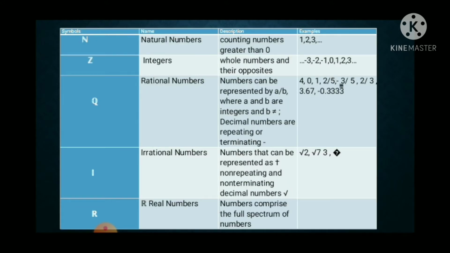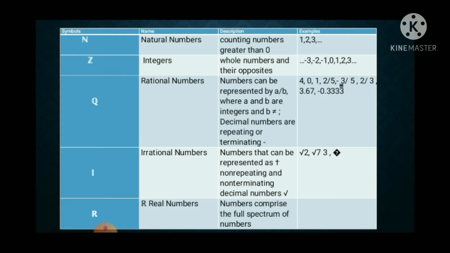So as what you can see in the figure, there are symbols, name, description, and examples. The symbol N, it is called the natural numbers. Natural numbers, right? And its description, it is all the counting numbers greater than 0. The example of it is 1, 2, 3, 4, 5, 6, 7, 8, 25, and so on.